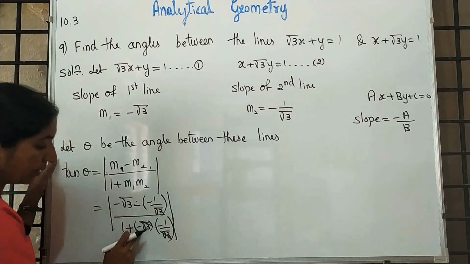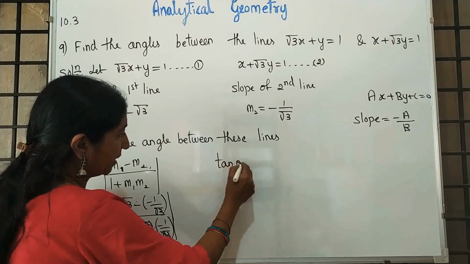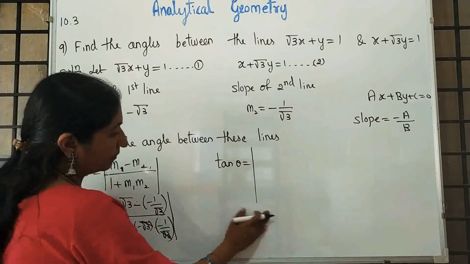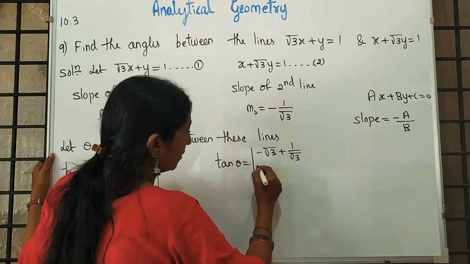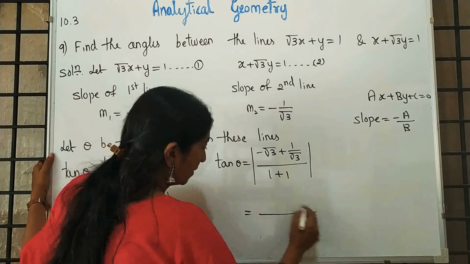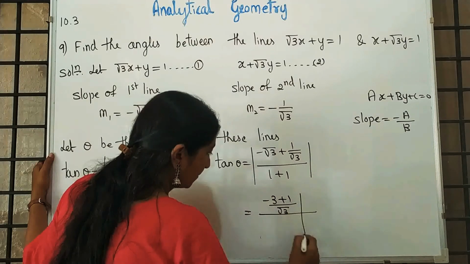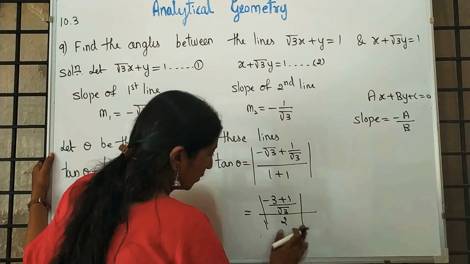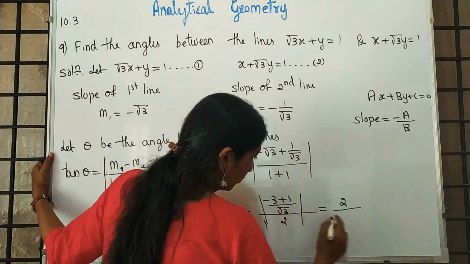This and this cancel, minus into minus becomes plus. So tan theta is equal to modulus of minus root 3 plus 1 by root 3 divided by 1 plus 1. Take the LCM in the numerator: minus 3 plus 1 upon root 3, upon 2. Because of the modulus the minus cancels. It is 2 upon root 3, and the 2 comes down.